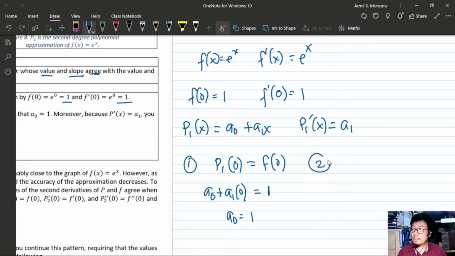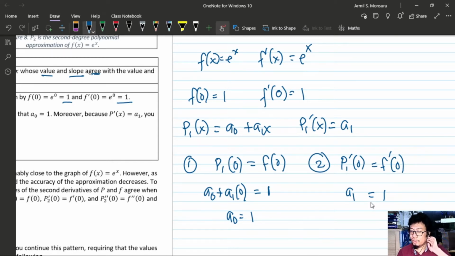Our second condition requires that the slope of our approximating polynomial at 0 is equal to the slope of our given function at the same point. So we have a1, because that's your p1 prime of x, and we don't have any x to substitute 0 for. So that remains a1, equals f prime of 0, which is 1. So our second condition implies that a1 is 1.